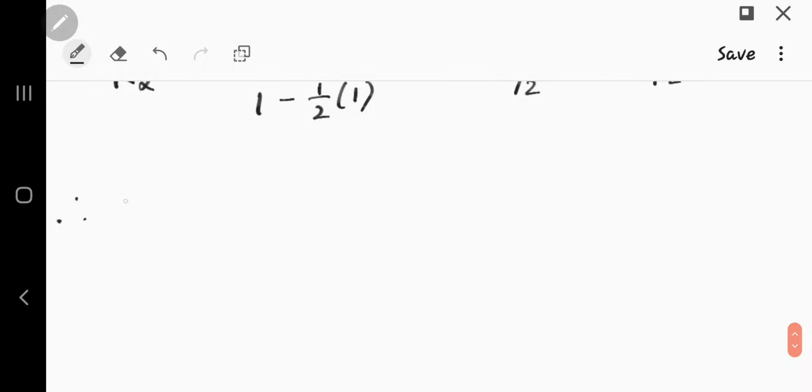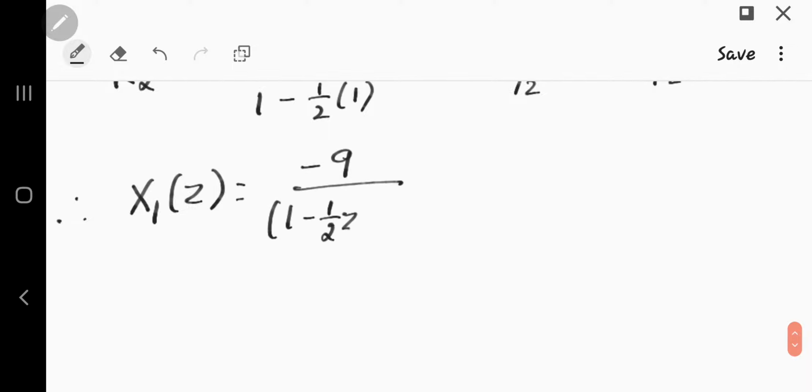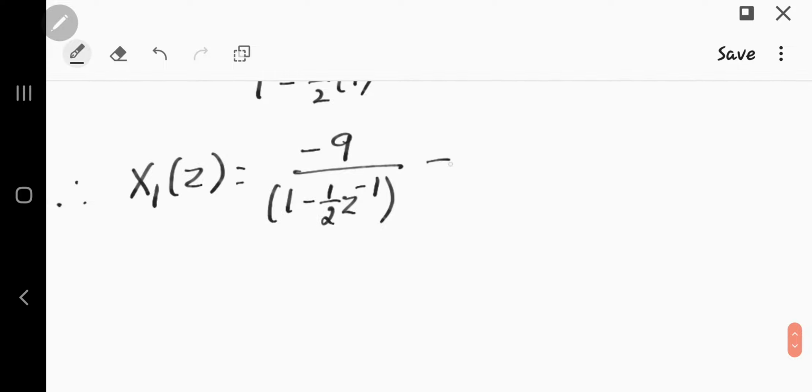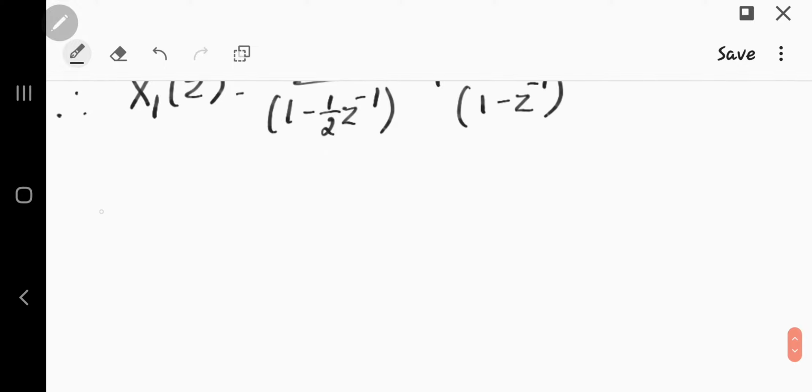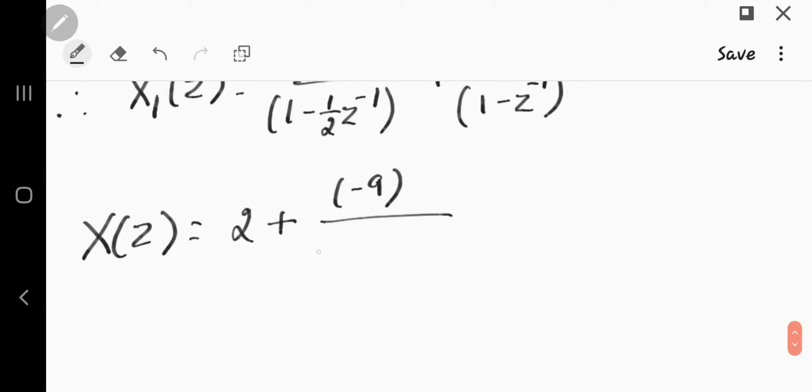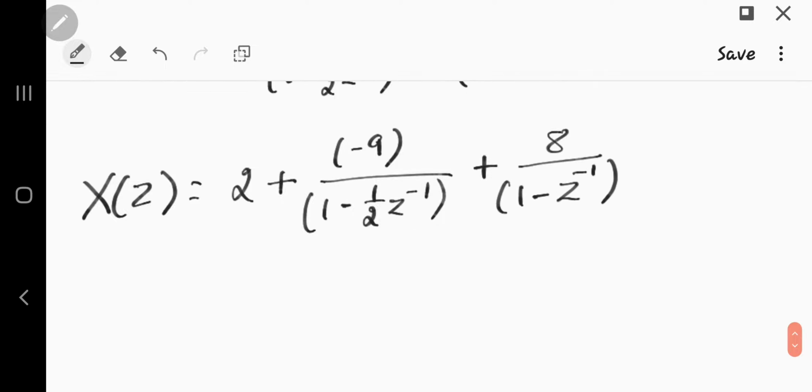So therefore X1 of z is equal to minus 9 divided by 1 minus 1 by 2 z inverse plus 8 divided by 1 minus z inverse. Now if you use this in X of z, X of z is equal to 2 plus minus 9 divided by 1 minus 1 by 2 z inverse plus 8 divided by 1 minus z inverse.